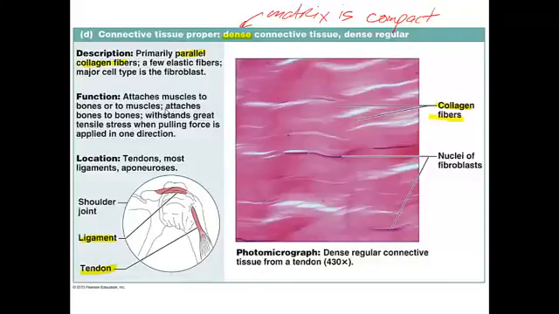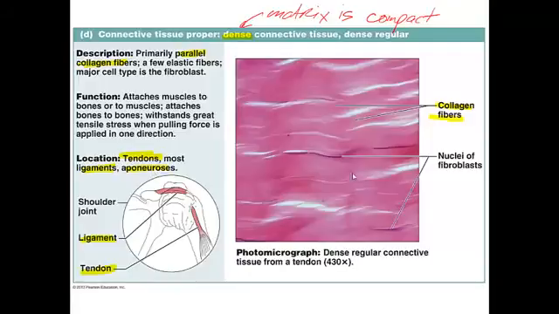And in this case, the ligaments and the tendons are going to attach muscles to bones or to other muscles. And we find these in tendons, ligaments, and also flattened tendons, which are called aponeuroses in this example.